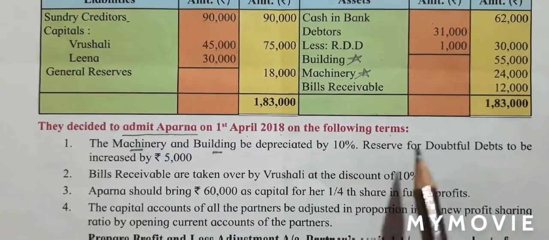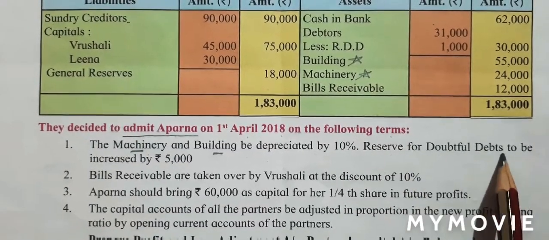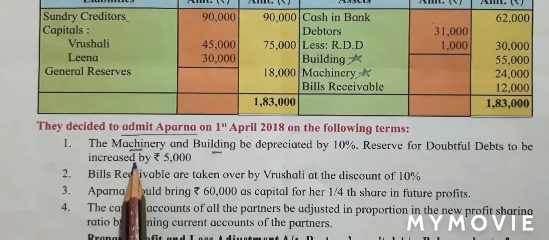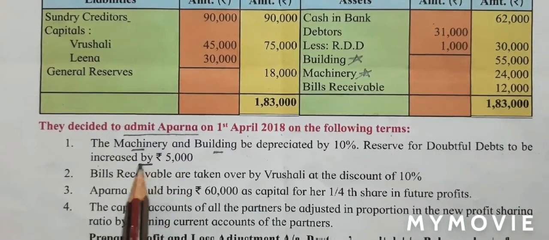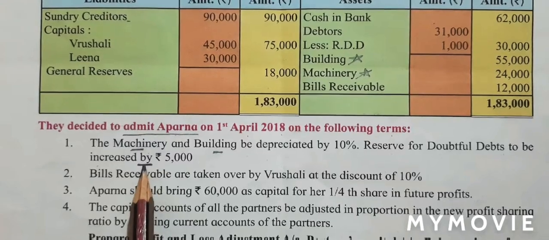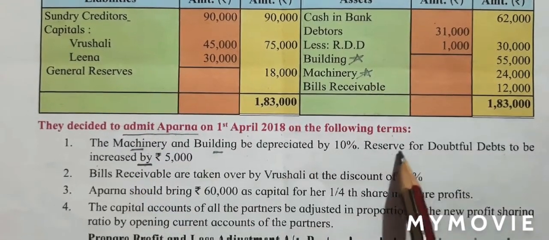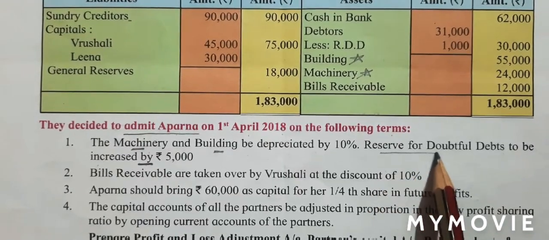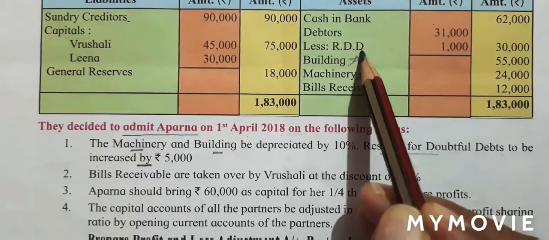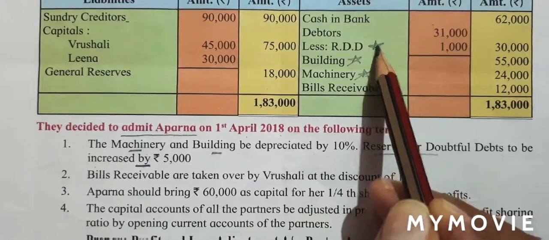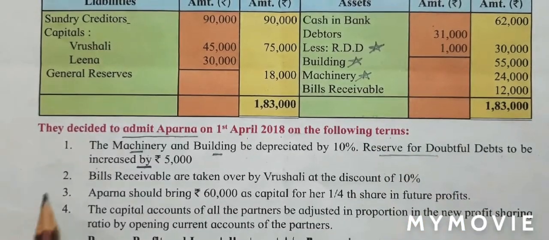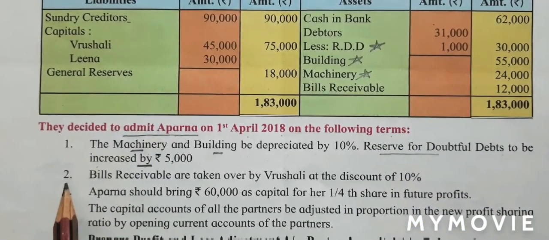Let's continue. Reserve for doubtful debts to be increased by 5,000. Okay. So students, I will be explaining you this while we are solving the adjustment. So we need to mark star for reserve for doubtful debts. That's RDD. So I'll mark star for RDD. Adjustment number 2.